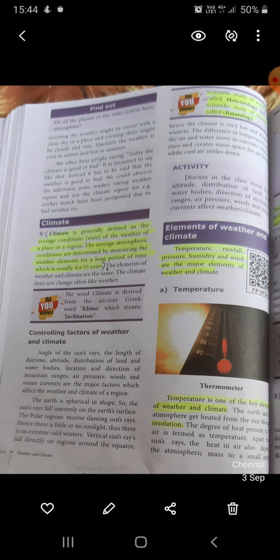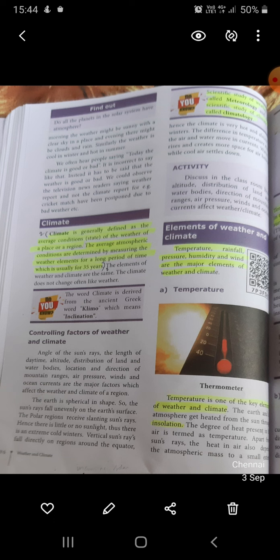The earth is spherical in shape, so the sun rays fall unevenly on the earth's surface. The polar regions receive slanting sun rays, hence there is little or no sunlight.